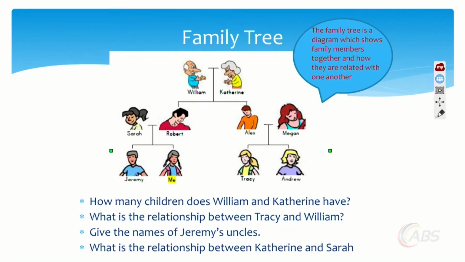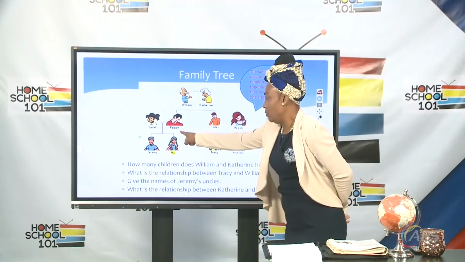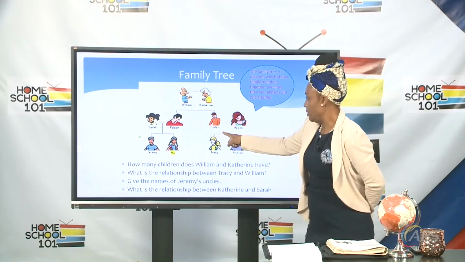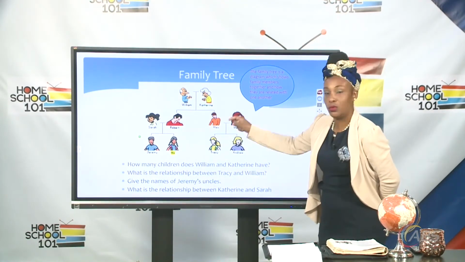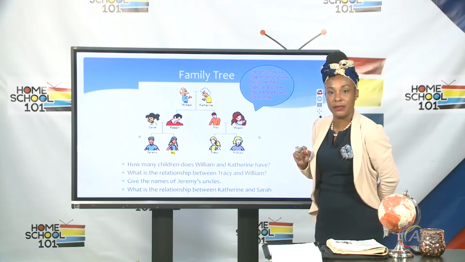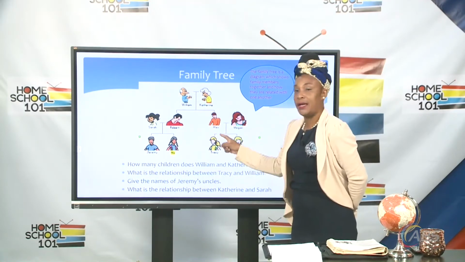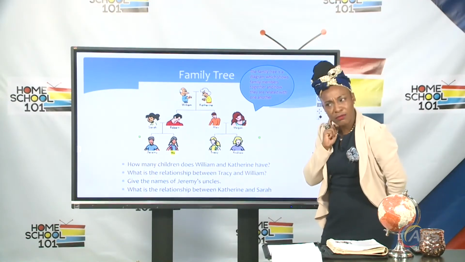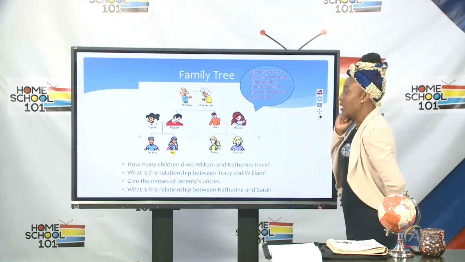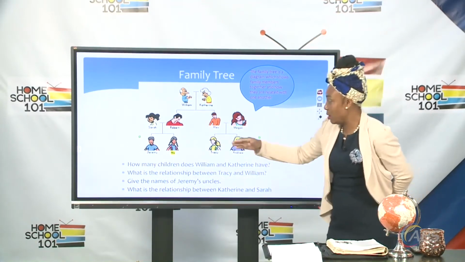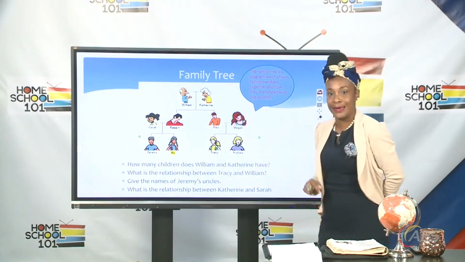You go back up. Of course, who is this to Jeremy? His father. Who is this to Jeremy, the male there? His uncle, because Robert and Alex are, did I hear brothers? Oh yes, that is correct. Robert and Alex are brothers. So the uncle to Jeremy is Alex.